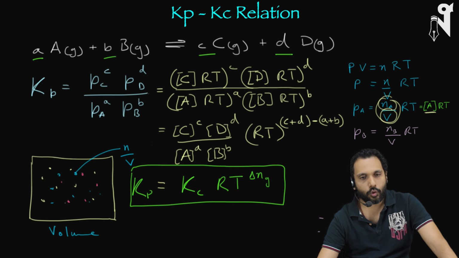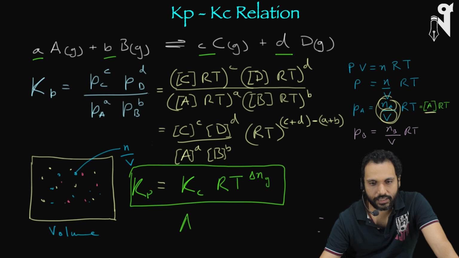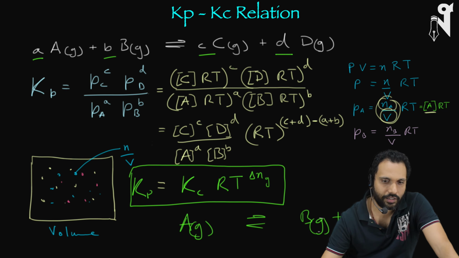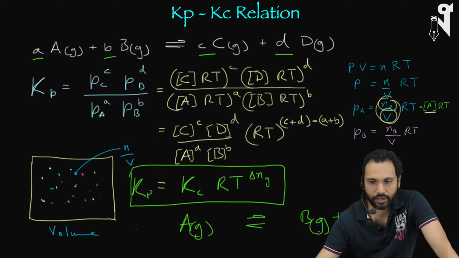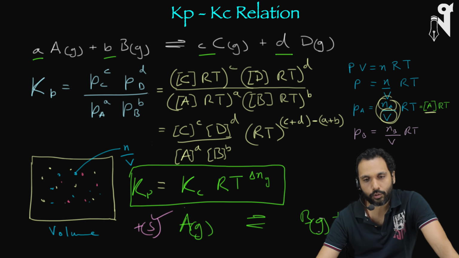Mind you, use it only when you have only gases, or when there is a liquid or solid. You have added liquids or solids. You have solid, it's okay to use. You have liquid, it is okay to use.